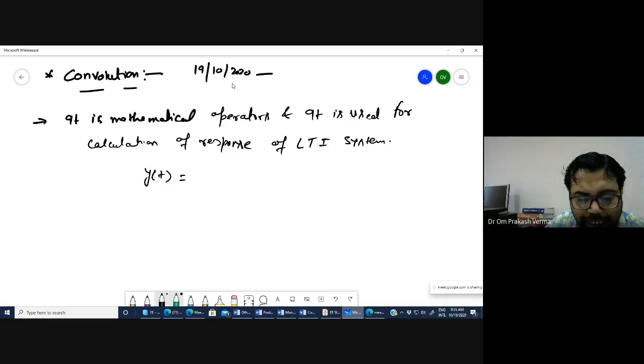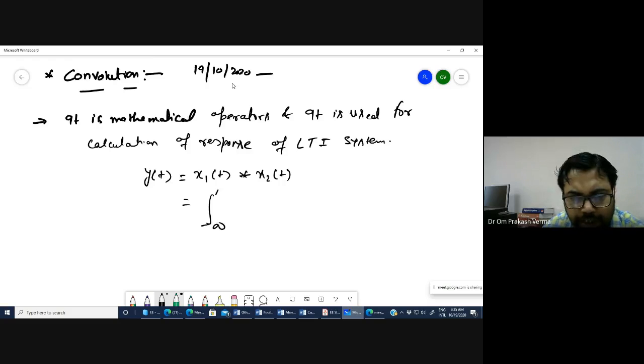So y(t) is represented by the convolution of, let's say, x1(t) convolution, this is the convolution sign, with x2(t), or it is nothing but the integral from minus infinity to infinity x1(tau) times x2(t minus tau) d tau.